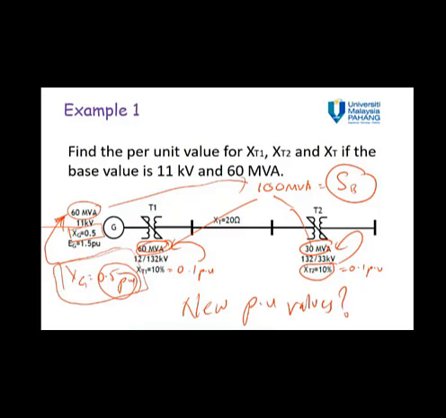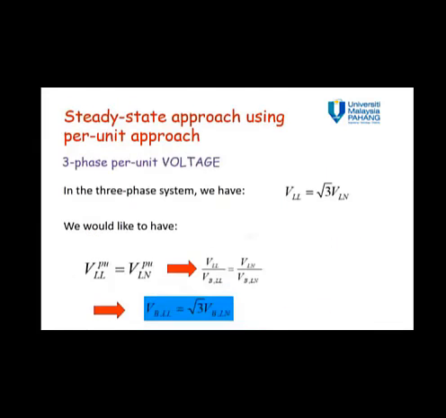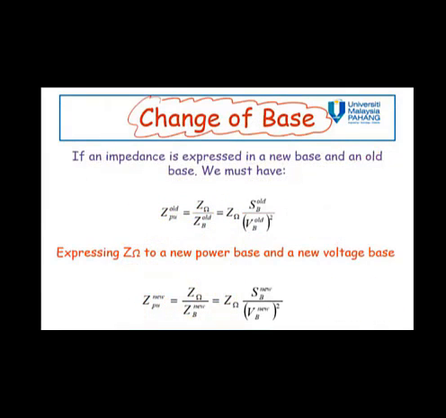So we have to calculate new per unit values. That's why in this subtopic, we will learn how to change the base of the system. Let's say we have the old value and a new value, Z per unit new. Z per unit old is actual value over Z base old.